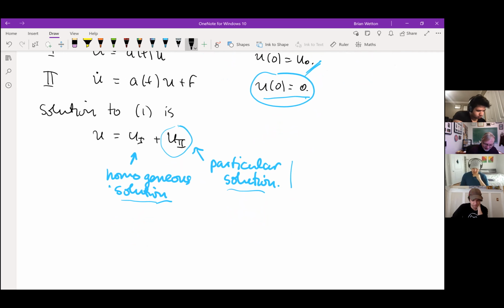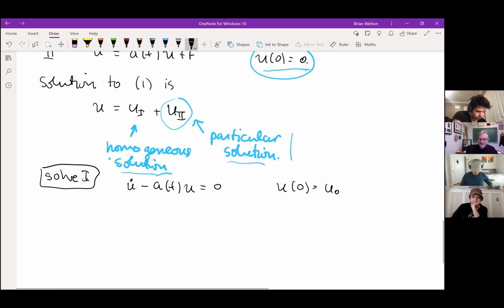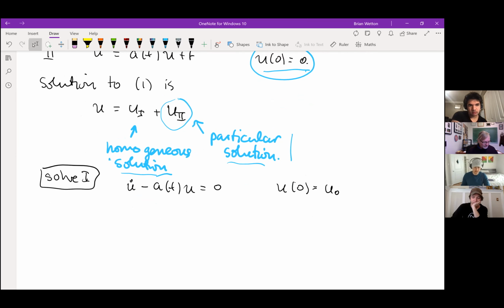Okay, let's remind ourselves how this goes. Let's solve problem one. This is a hint for the next assignment if you need a hint: there's a problem where it says find an integrating factor. So here's where we're going to find the integrating factor.